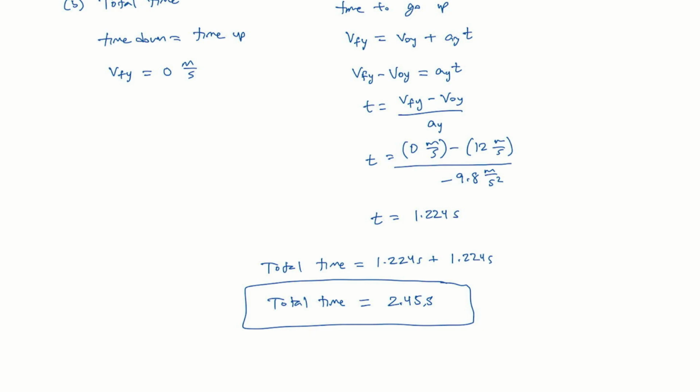All right, so when it's kicked with those initial velocities in those directions, horizontal and vertical, we find it lands with a final velocity of 20 meters per second. And it also takes 2.45 seconds for the ball to rise to its highest point and then come back down.